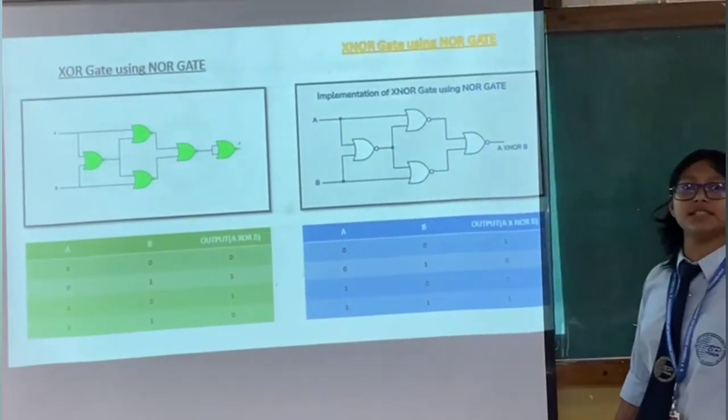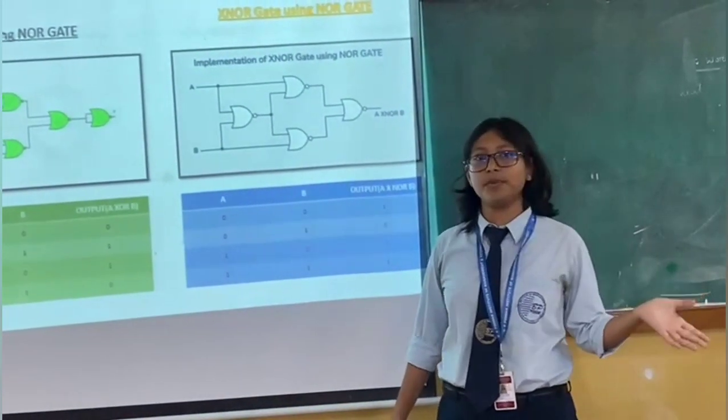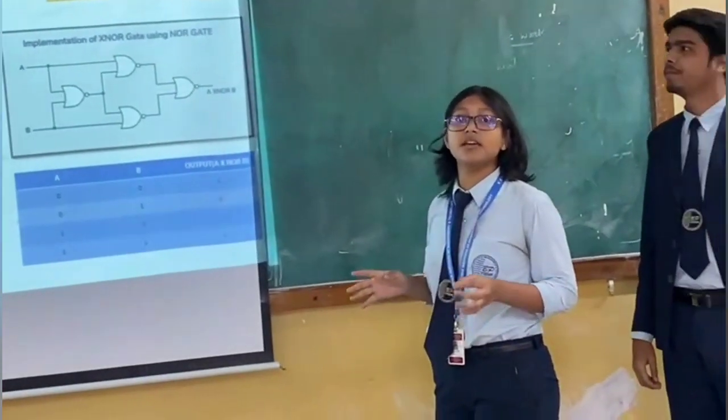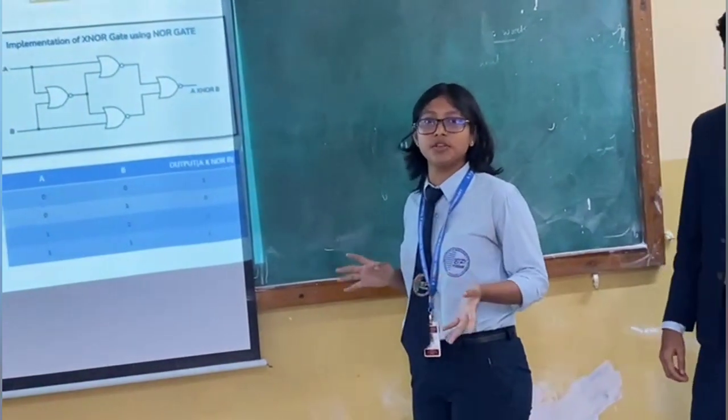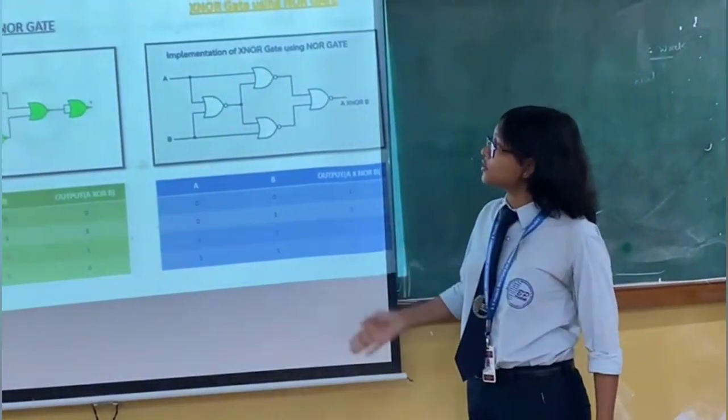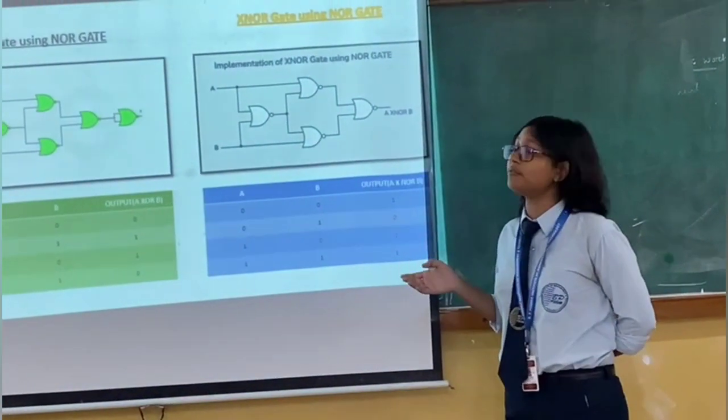As previously discussed, we can create universal gates, and we can create basic gates from the universal gates NAND and NOR. With that we can also create an exclusive OR gate from NOR gates.